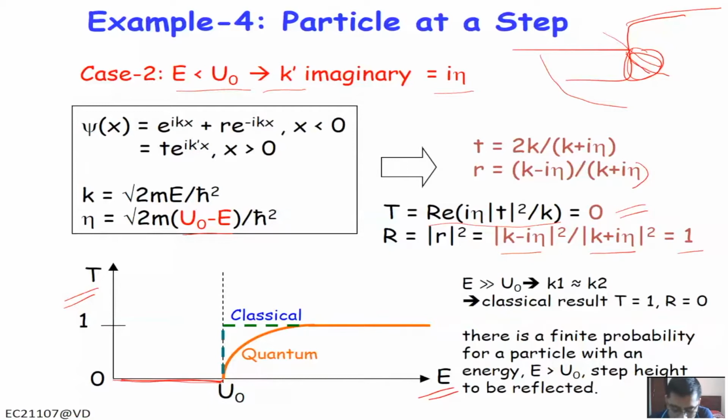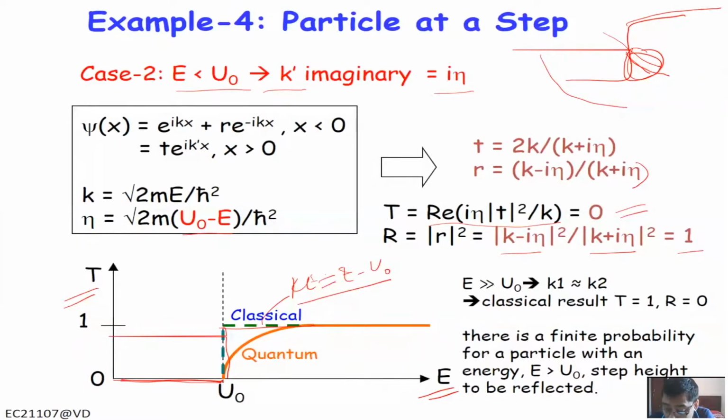Clear? Okay. If the energy is greater than U naught, classically it will transmit, with the kinetic energy being the difference. So kinetic energy KE is equal to E minus U naught, right? So with this energy, the electron will go through, classically.